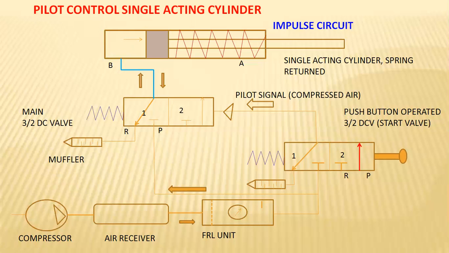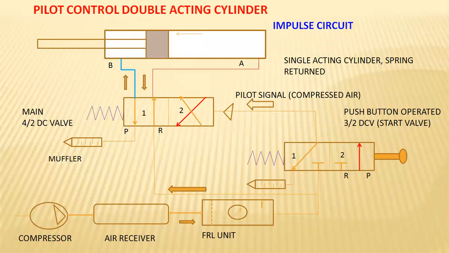Commonly, the same pilot control can be utilized for a double acting cylinder also. In the following diagram, we can clearly observe the same circuit design which is utilized here, that is compressor, a receiver, and a FRL unit, which is connected with the initial switch valve to the main DCV, which operates the cylinder for forward movement and return movement.